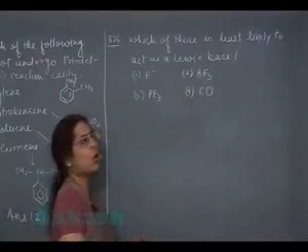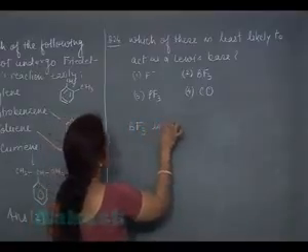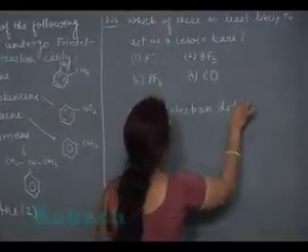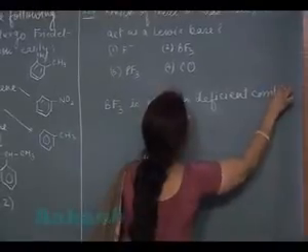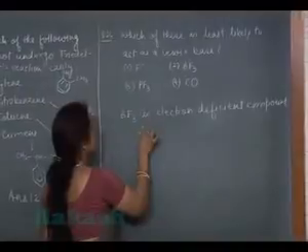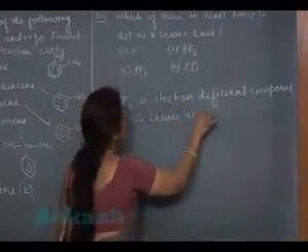BF3 is an electron deficient compound. An electron deficient compound behaves as Lewis acid. So it behaves as Lewis acid.